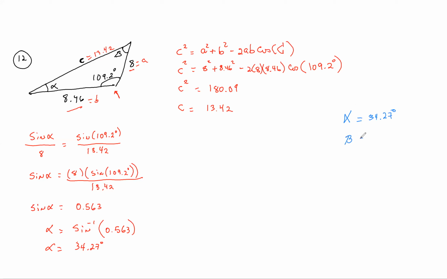We know the capital C, that is equal to 109.2 degrees. We know A, that is equal to 8. We know B, that is equal to 8.46. And we know C, 13.42. Only the beta is missing, but we know that inside the triangle is 180.